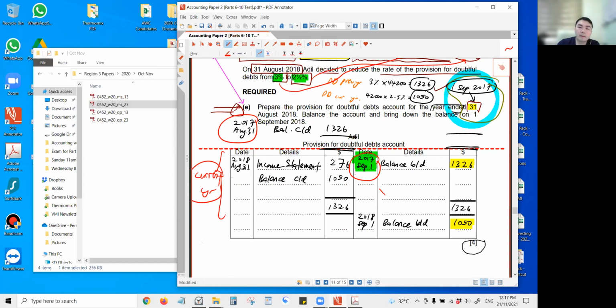No. Therefore, I write September 1st, the first day of the current year. And everything before this borderline is the previous year. That's why I write 1st September here. You cannot write August 31st here. That's the previous year. Do you get it?